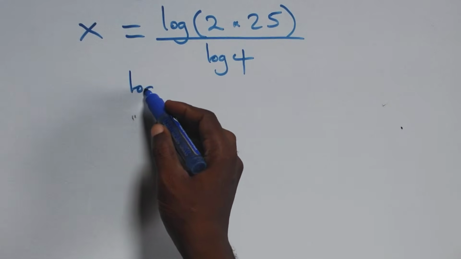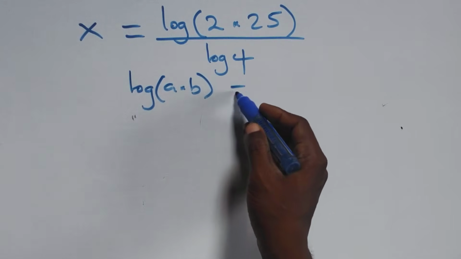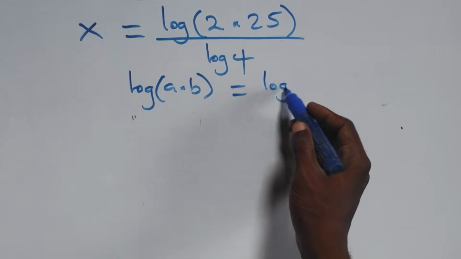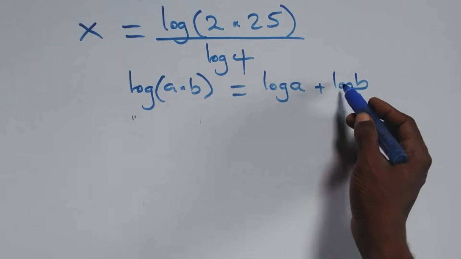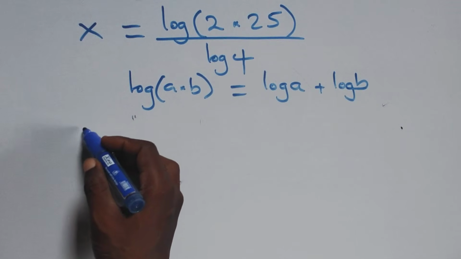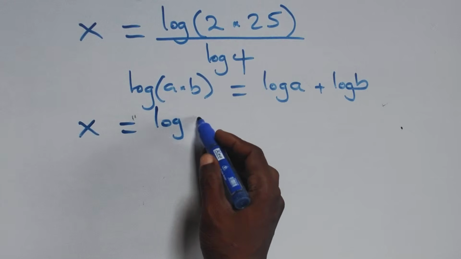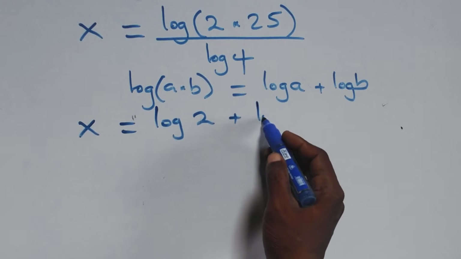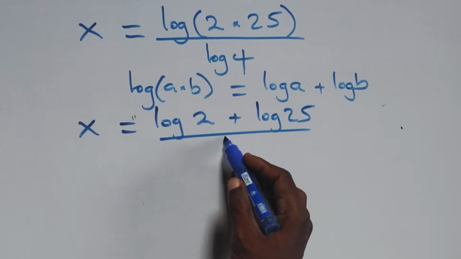When we have log a times b, which is the same thing as log a plus log b. What we have becomes x equals log 2 plus log 25 over log 4.